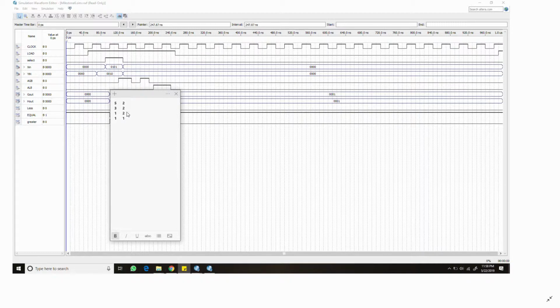But for the last one, A is less than B, so A stays the same while B is updated with B minus A. At the end we find that the output is 1 and 1, and the equal output is 1.